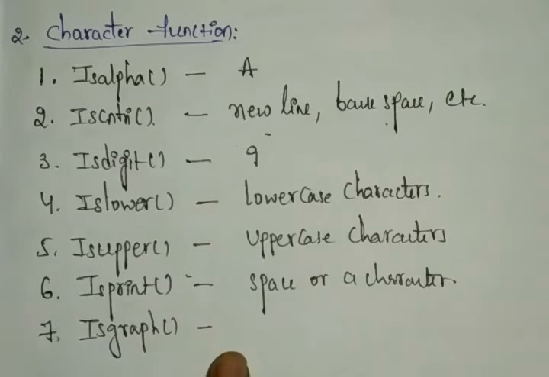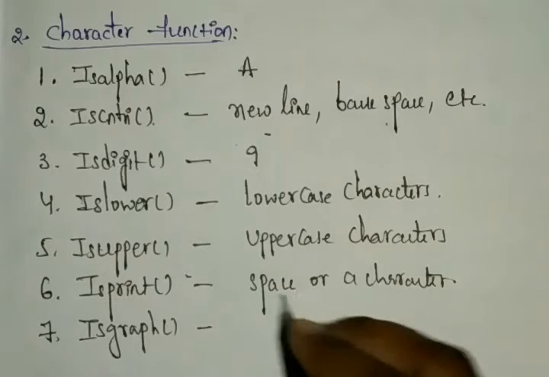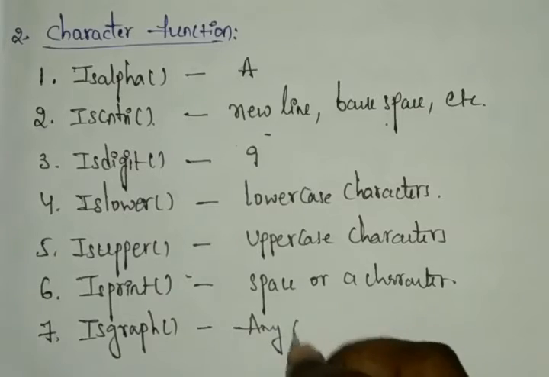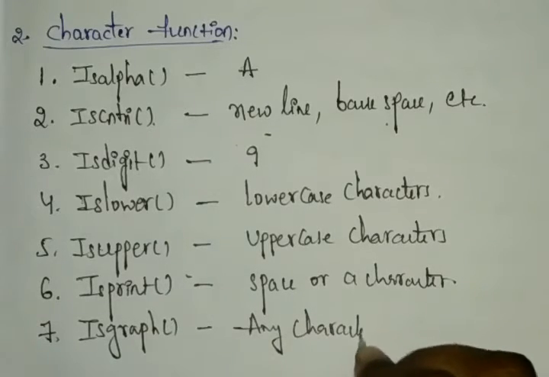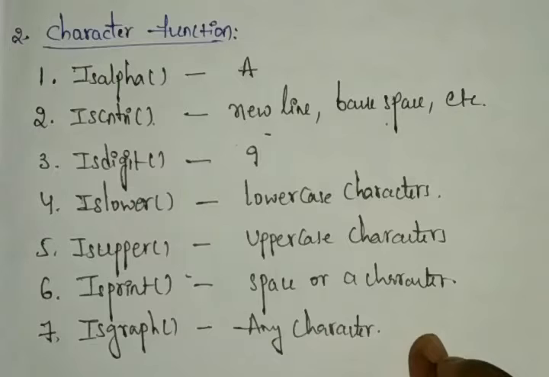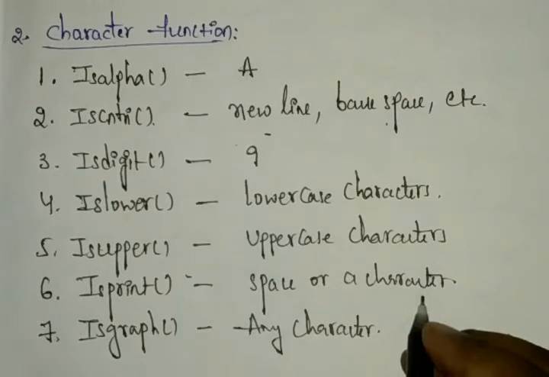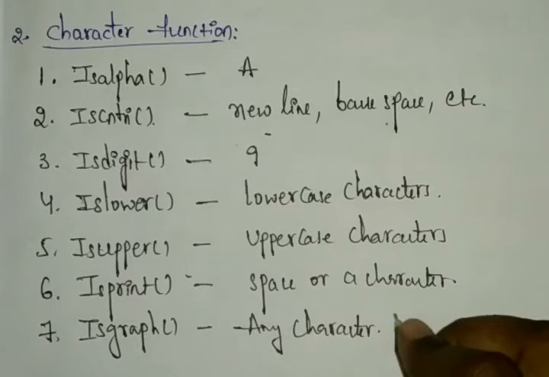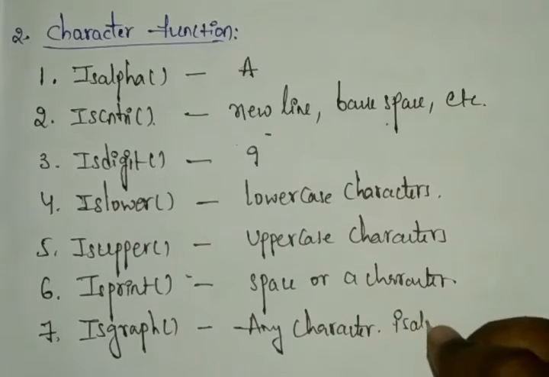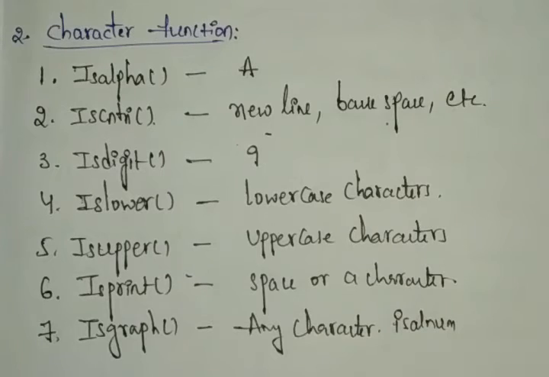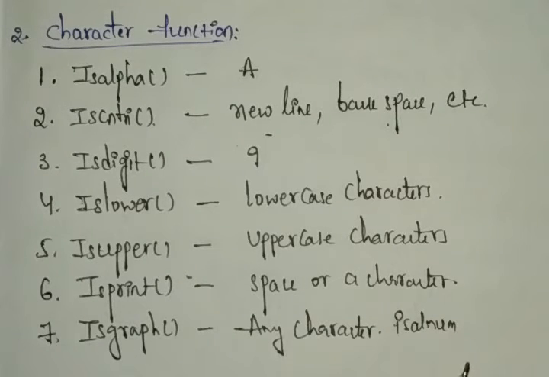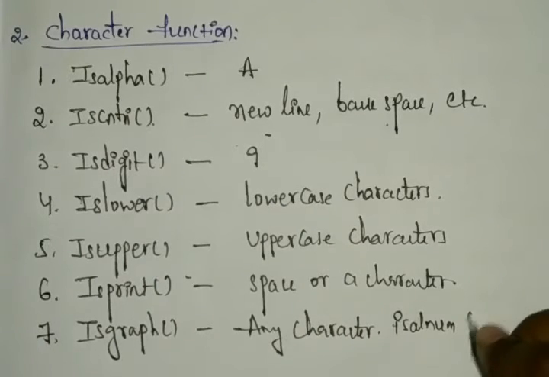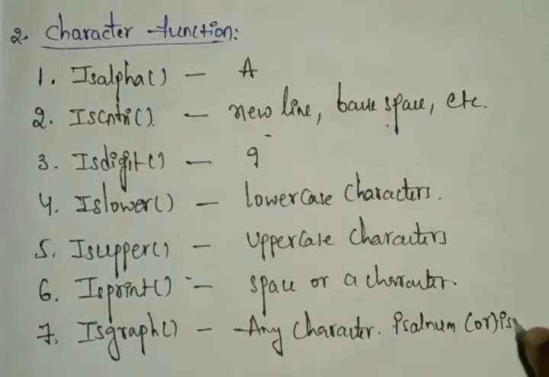So isGraph returns a non-zero value for any character. It works for any character, not only one character. It works for any character which is either isAlnum or isPunct. Alnum means we can include alphabets and also numbers, or else it works for isPunct.